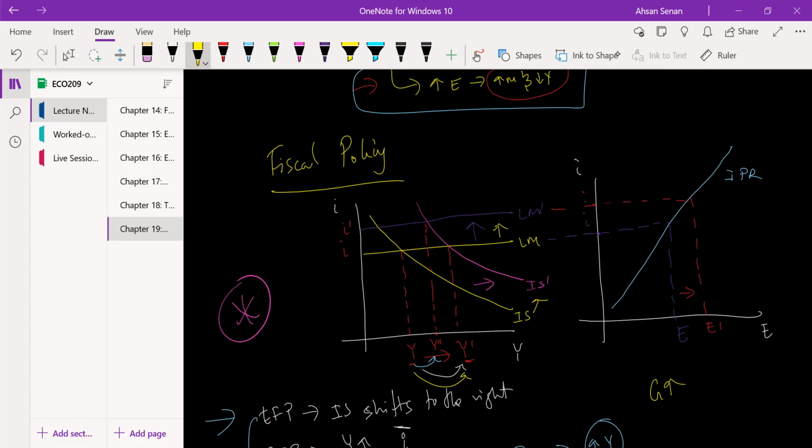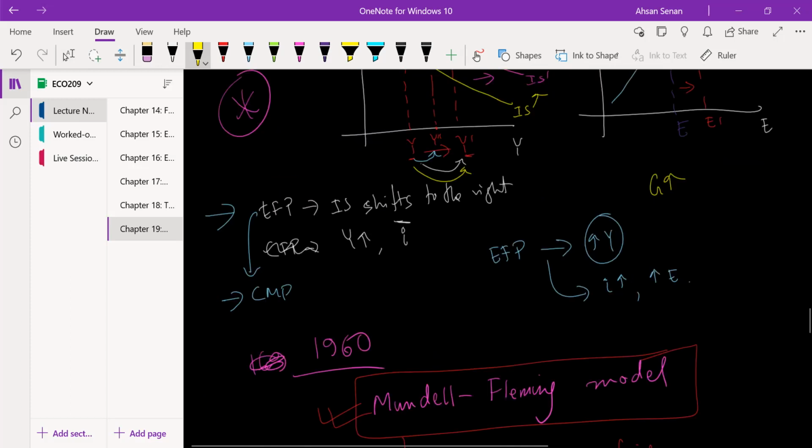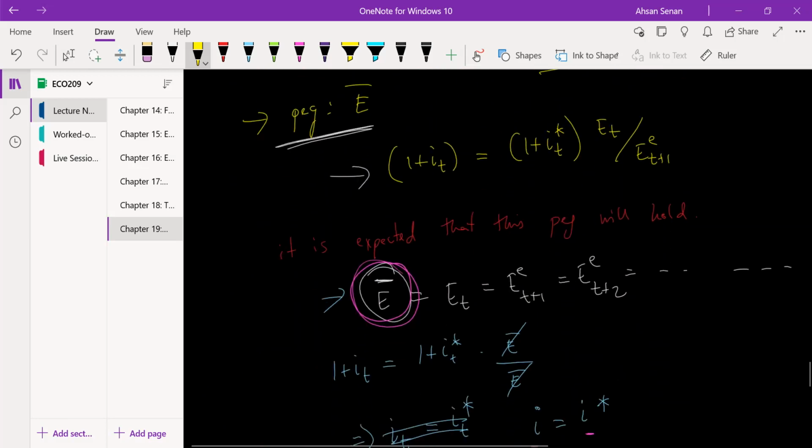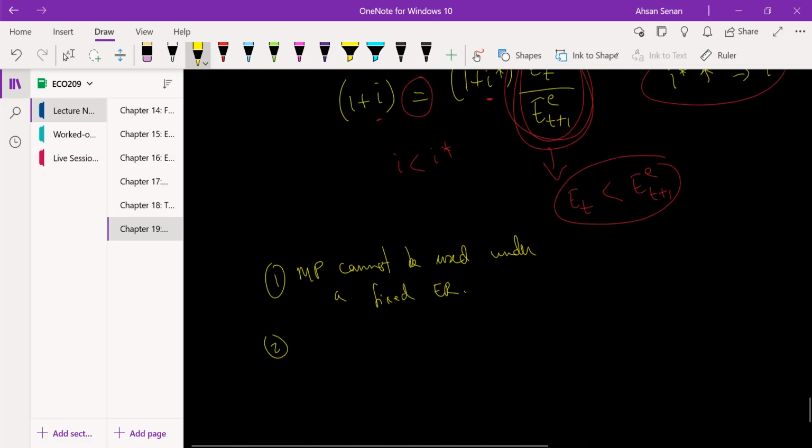So the effect of fiscal policy still holds under a fixed exchange regime. Okay, so that is not affected. Fiscal policy is still effective under a fixed exchange rate regime.